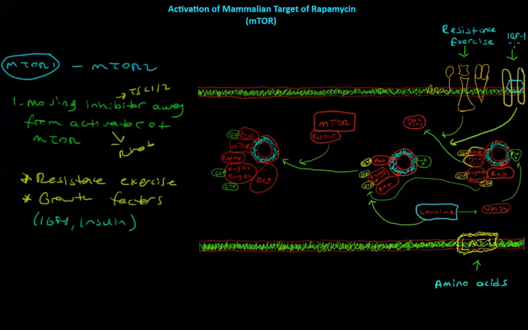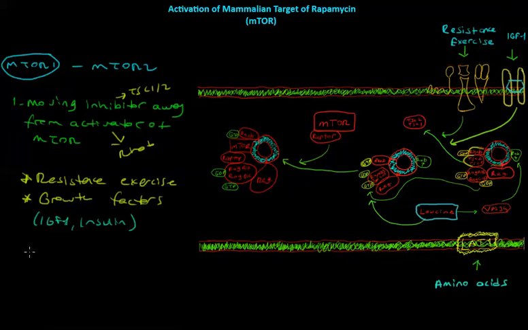So if we take a look at here, we see both resistance exercise and IGF-1 do the same thing by using completely different ways. So let me kind of simplify it.